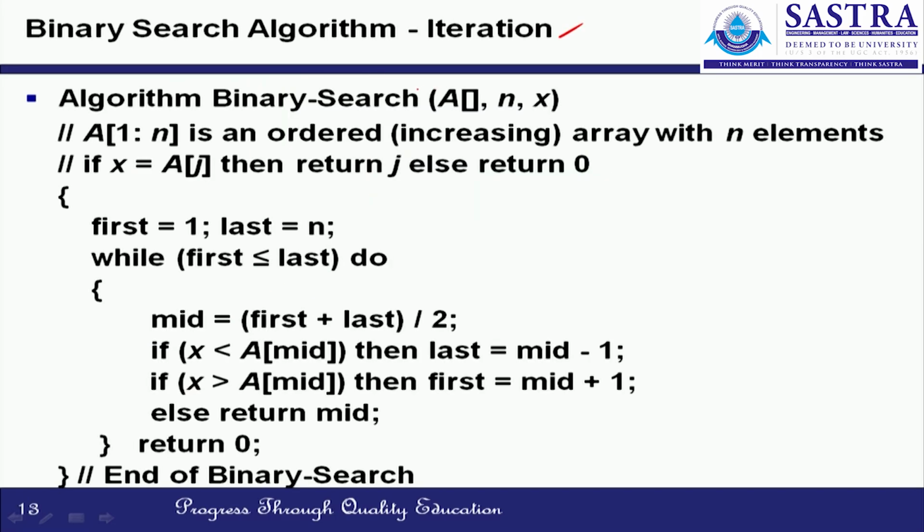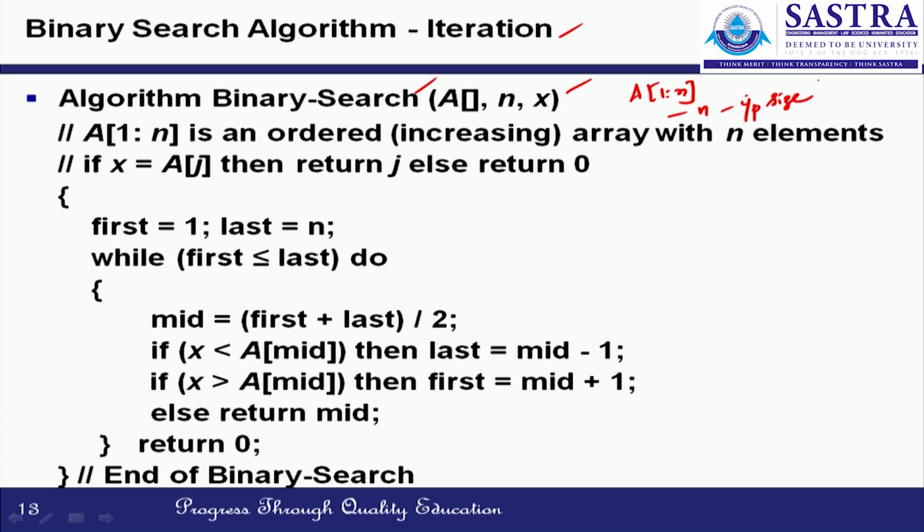Algorithm binary search, this is the name of the algorithm. The algorithm takes the parameters A array, n and x. A is a one-dimensional array which consists of n elements. N represents the input size. The array elements must be in sorted order.